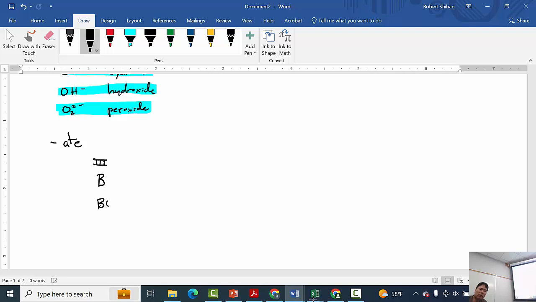You might have heard of borate. There's some borates like in eye drops, I think, and other things. But the borate has 3 oxygens and a 3 minus charge. The reason I bring up the group number is to help you remember it. Because it's 333. Do you see 333? Borate is group 3 with 3 oxygens and a -3 charge. So this is borate.